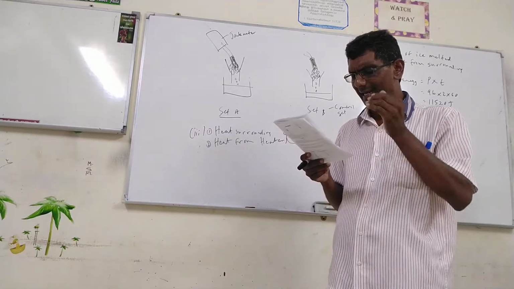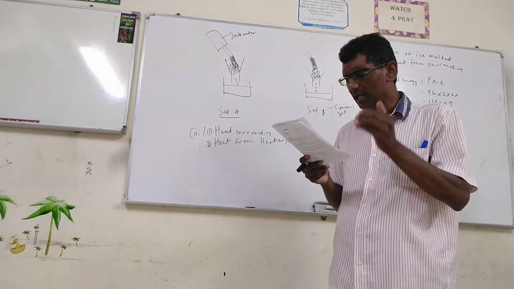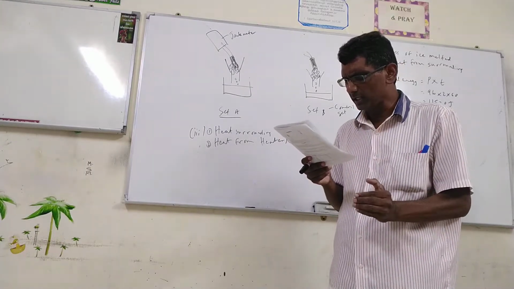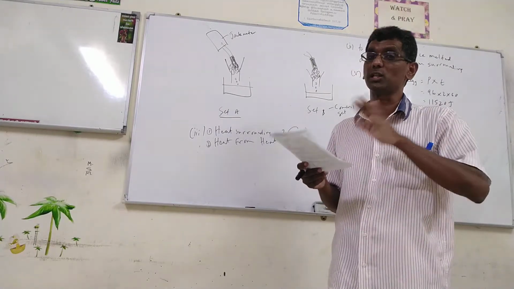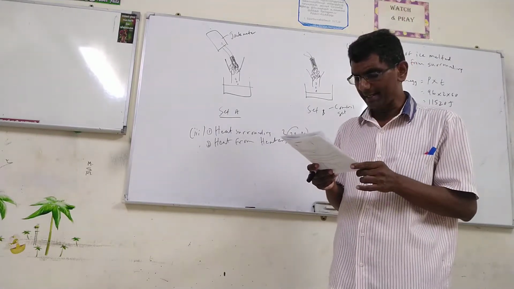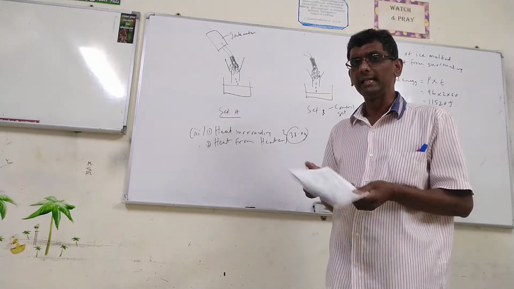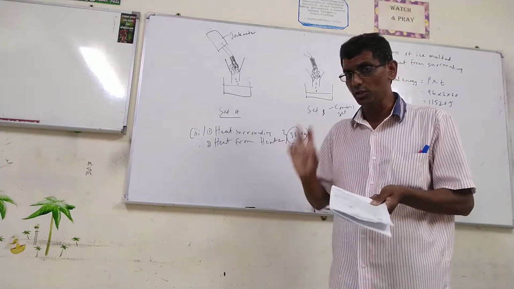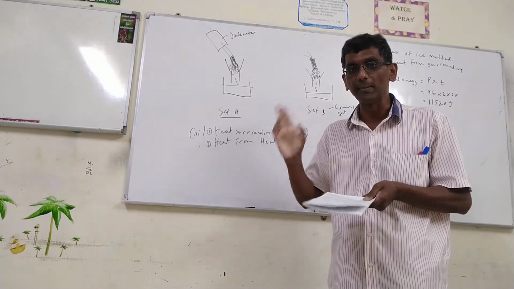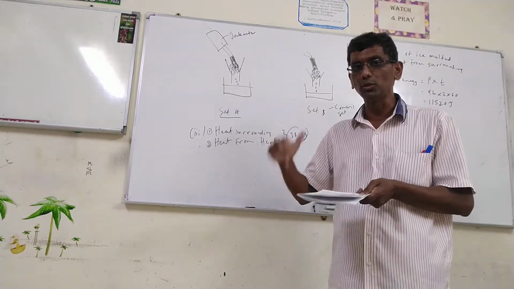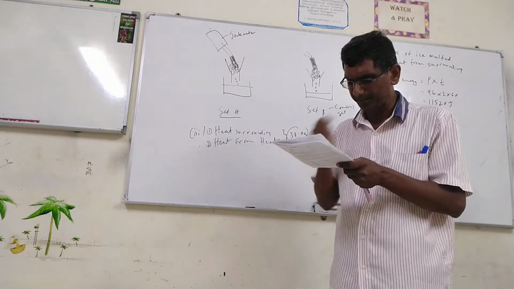Explain why heat energy is needed to change a substance from solid state to liquid state at constant temperature. There's no change in temperature. So that is latent heat of fusion. Latent heat of fusion means solid changes to liquid without change in temperature.